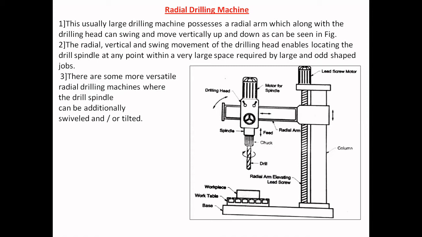Then the workpiece is fixed and rotating in the lathe machine. The workpiece is fixed in the spindle in the case of the lathe machine. This workpiece is fixed or clamped on the work table in the drilling machine.